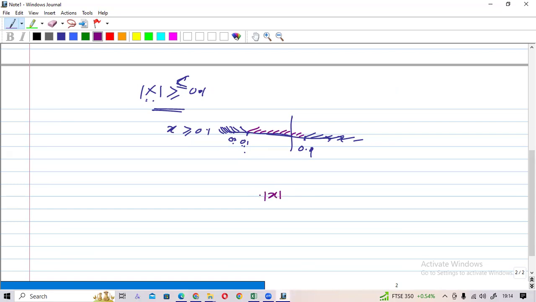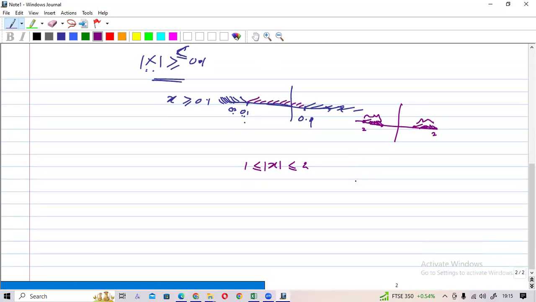It is like this: x is greater than 1 and less than 2. Greater than 1 means this area, less than 2 means this area. So these are the areas. Did you get what I'm telling?